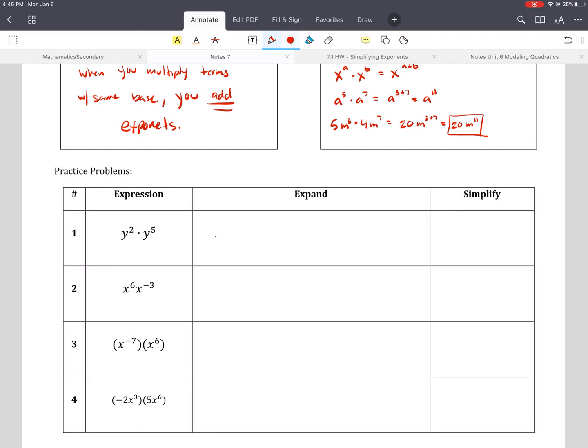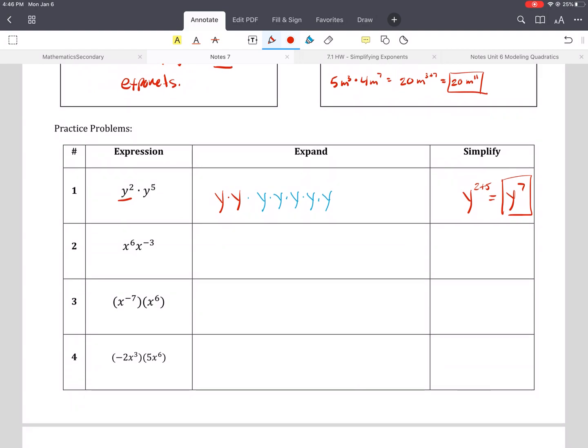If we expand that, that would be y times y, our first value, and then our other one would be y times y times y, 5 times. And then you'd end up getting y to the 2 plus 5, or y to the 7th.